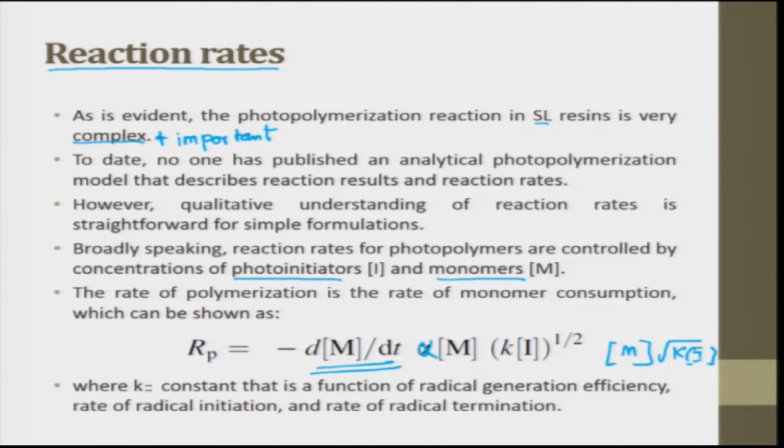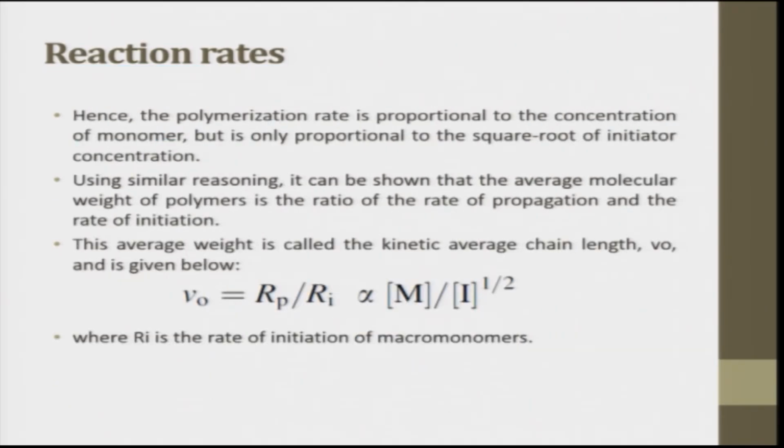That is a function of radical generation efficiency, the rate of radical initiation. Hence, the polymerization rate is proportional to the concentration of monomer, but is only proportional to the square root of the initiator concentration. This is a very important point.